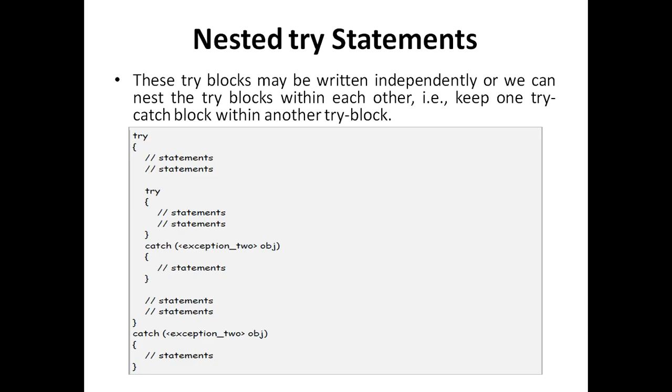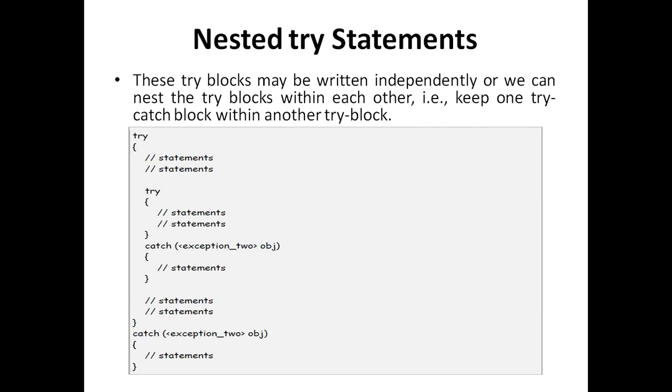So like we can include multiple catch statements, we can include try statements within another try block, which we call nested try statements. The try blocks may be written independently, or we can nest the try block within each other. That is, keep one try catch block within another try block. So this is exactly the syntax: try, then a number of statements within the try.